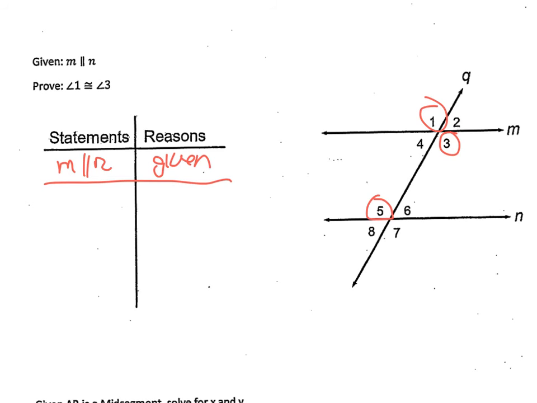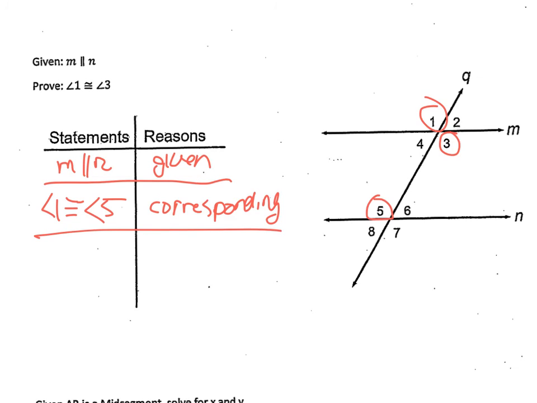Then I can write, I'm going to compare 1 and 3 to 5. So I'll say angle 1 is congruent to angle 5 because they're corresponding. And I'll say that angle 3 is congruent to angle 5 because they're alternate interior.